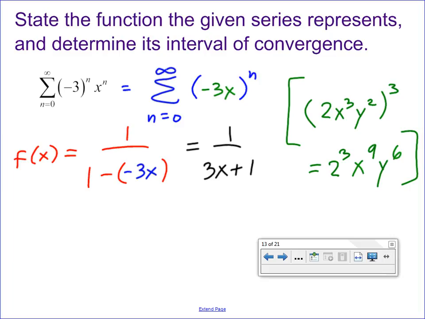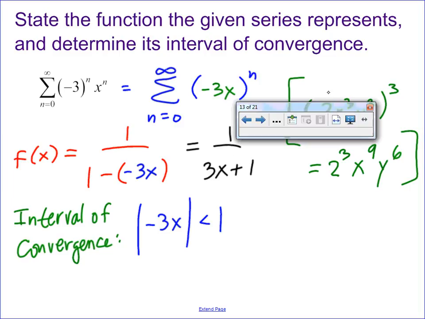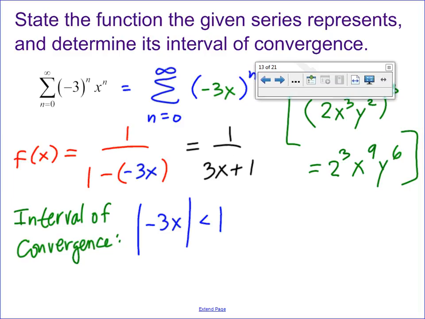So my interval of convergence can be determined when absolute value of negative 3x is less than 1. So I figure out what my new ratio r is. And I need the magnitude of that new ratio to be less than 1 to guarantee convergence.